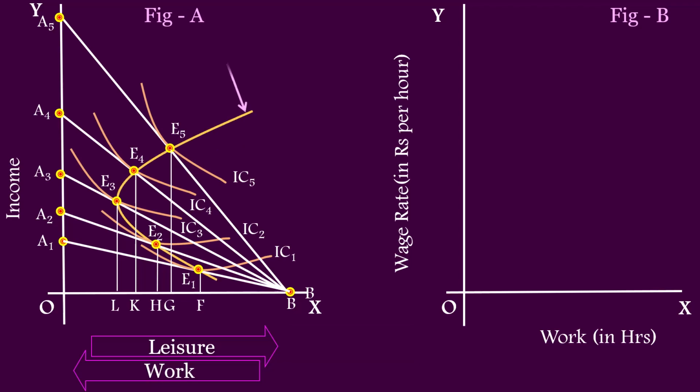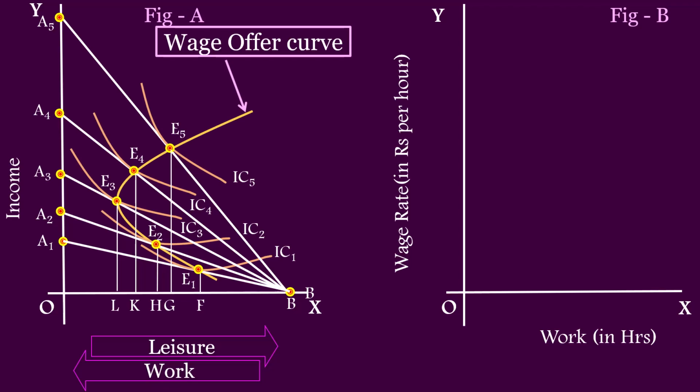By joining the points E1, E2, E3, E4 and E5 with a smooth line, we obtain the wage offer curve. Each point on the wage offer curve shows different wage rates and the hours of work that a worker is willing to offer at that wage rate.